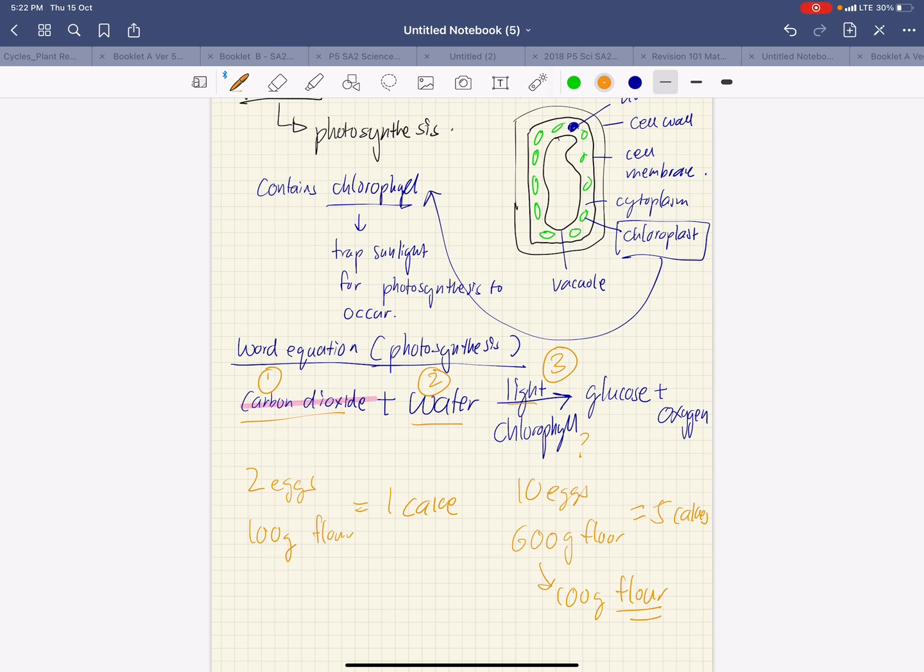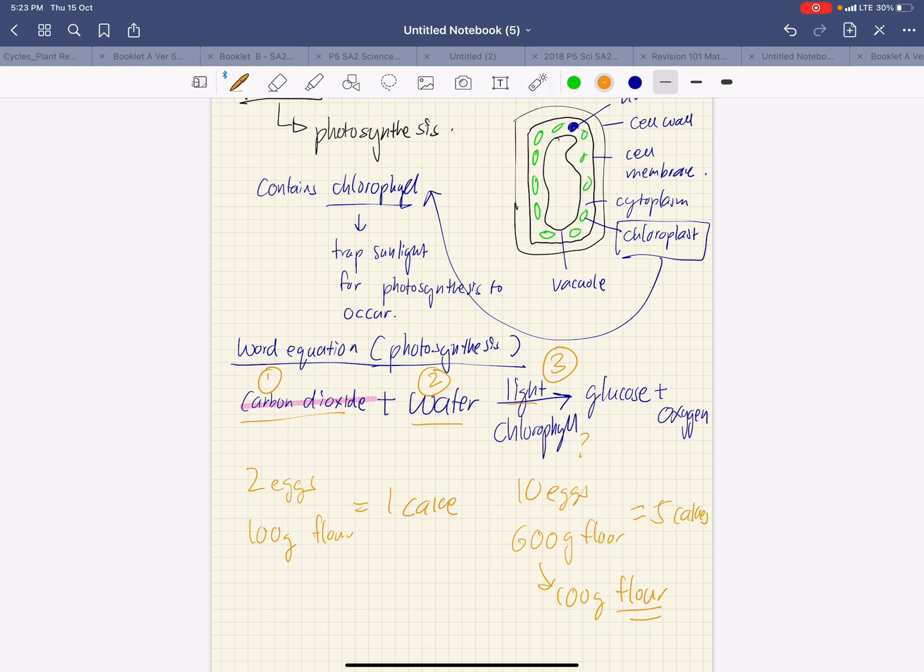So there's no point to keep increasing in one factor only. This only happens up to a certain extent. All right? So I just want you to keep that at the back of your mind, that increasing one doesn't mean that it will forever increase the rate of photosynthesis. You will also need to increase the other factors as well.